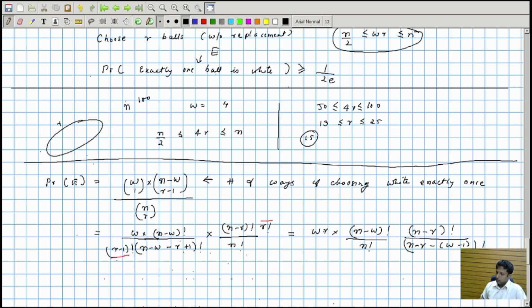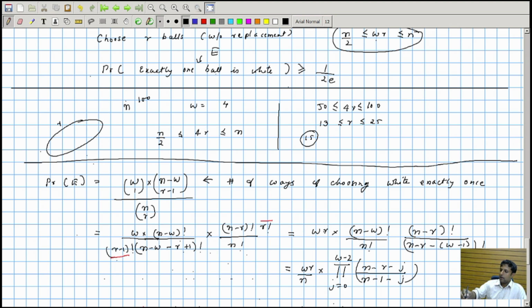That's also containing about W terms, and this can be rewritten as WR by N into the product, J going from 0 to W minus 2, of N minus R minus J divided by N minus 1 minus J. So this is a product of W minus 2 terms, and those terms we will bound by some particular quantity, and it's going to go towards 1 by e.